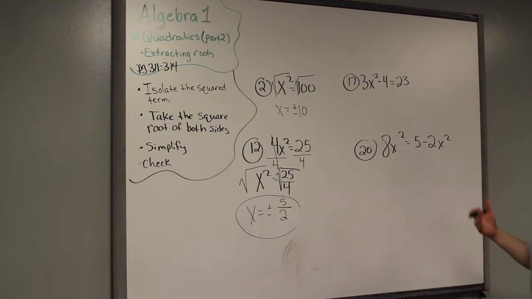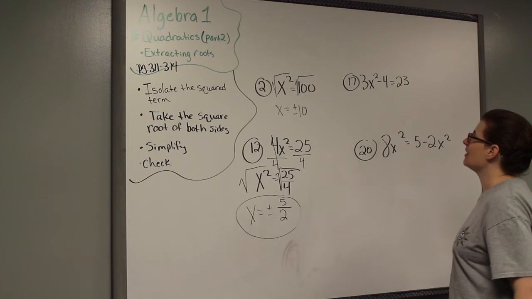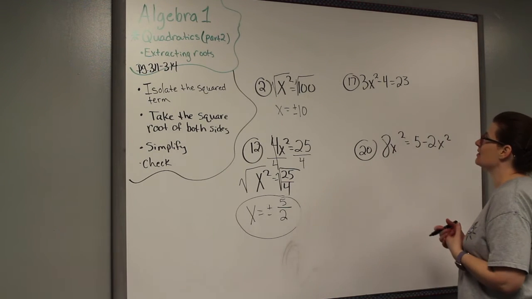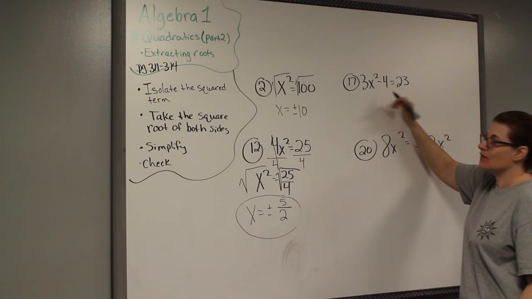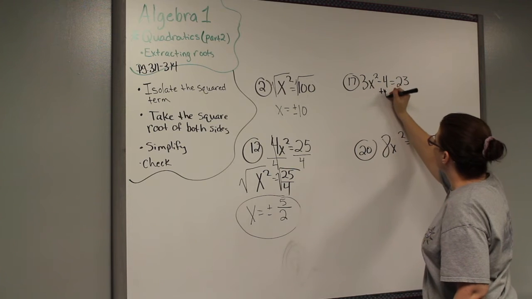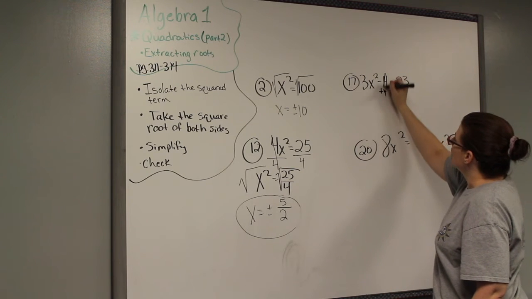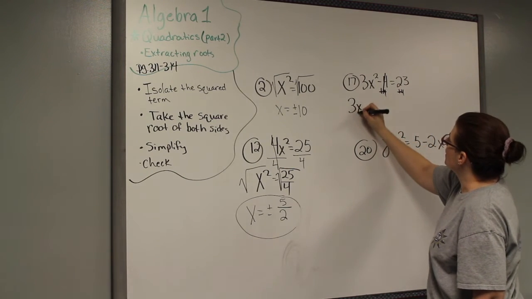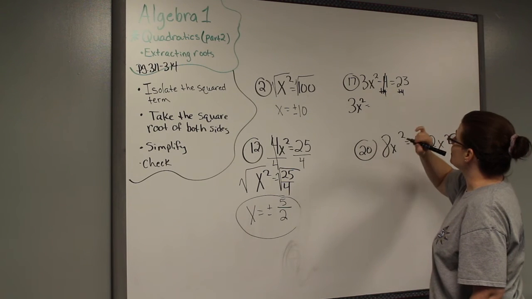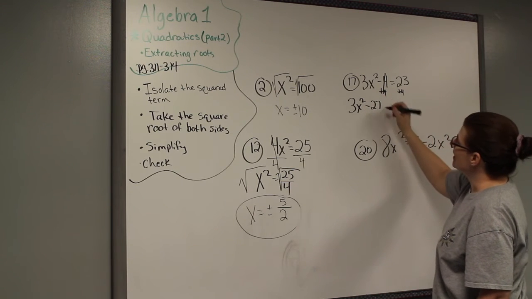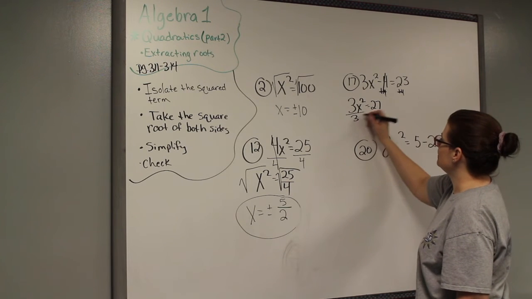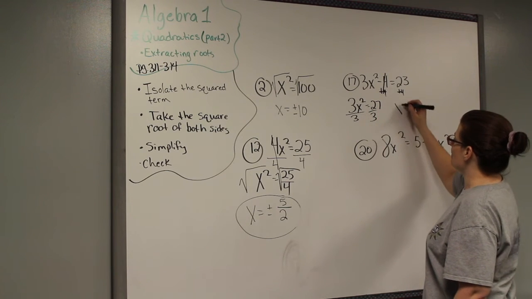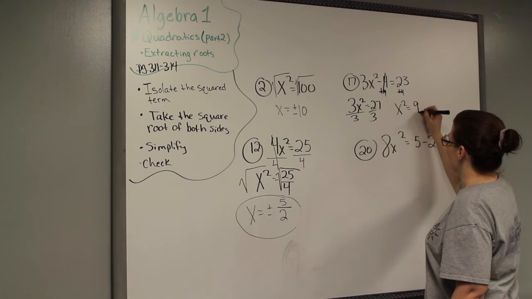17, first of all, it's not isolated. Everything's not on the sides that it needs to be. So first of all, I'm going to move this number over with 23. It is a negative 4, so I add 4. And I get 3x squared equals 27. Then I need to divide by 3 to get x squared by itself. And that's going to give me x squared equals 9.